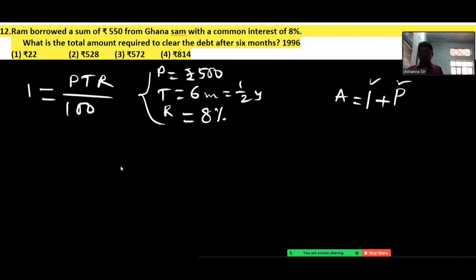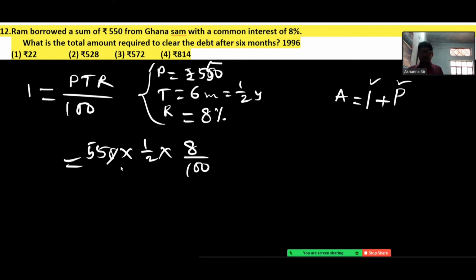We have to substitute these values in this formula. 550, not 500, not 550, time half year, rate of interest 8 by 100.